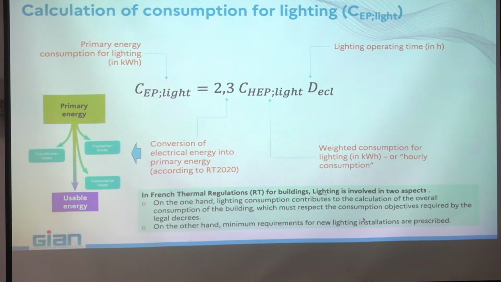This is very specific. It depends on the country. This is for France the factor that allows passing from primary energy to electricity. To produce electricity, you use oil or thermal production of energy. France uses a lot of nuclear and so on, renewables.